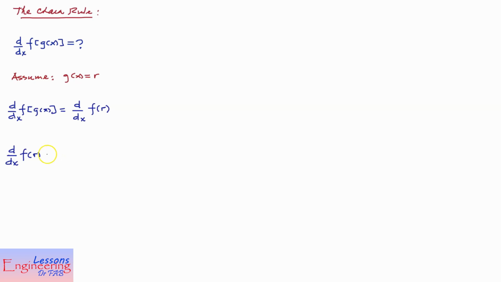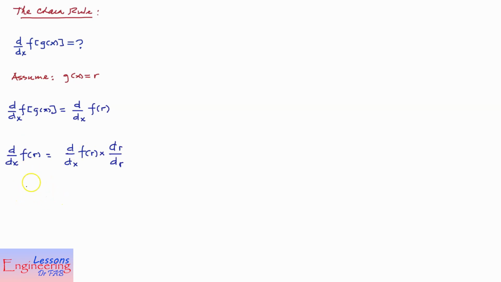This is equivalent to d by dx of f of r times dr by dr. We can do that because we're just multiplying d by dx of f of r by 1, so there's no change in the total meaning of the original expression.